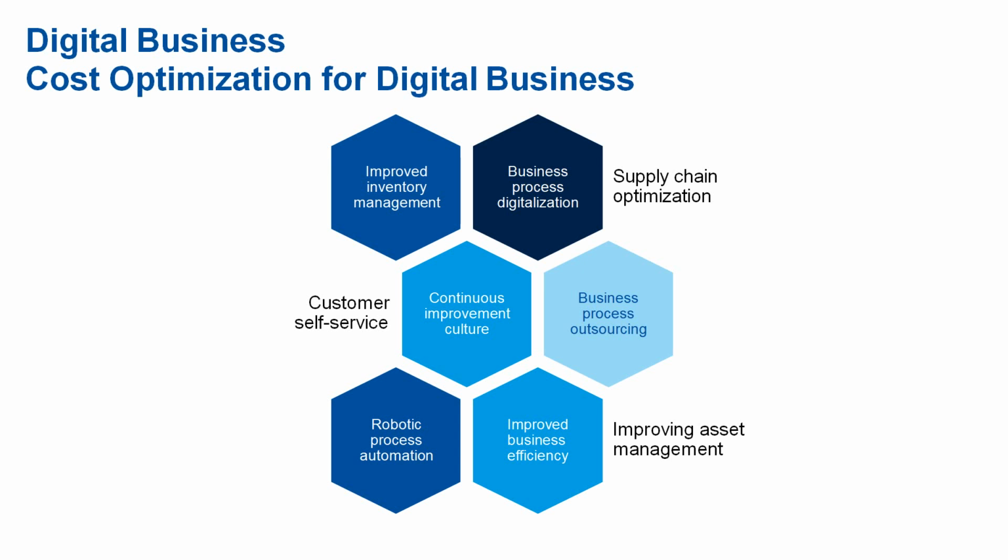When I say customer self-service, automatically it comes to continuous improvement, right? And wherever processes can be automated, robotic process automation can be added. For business process outsourcing, if you don't want to develop something in-house, we can outsource it to make it standardized and cost efficient. These are the places where I can improve my cost optimization.